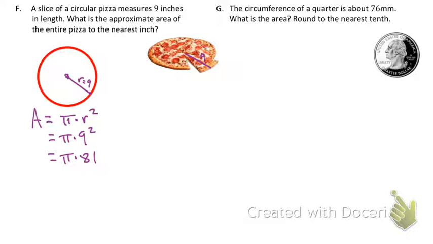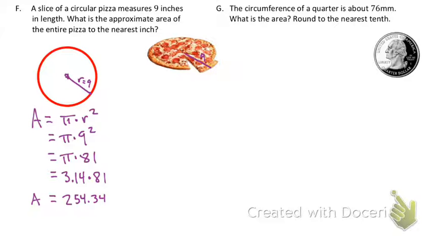And now we just have to calculate this. So it's basically 3.14 times 81 into our calculator. And our area of this pizza is 254.34.